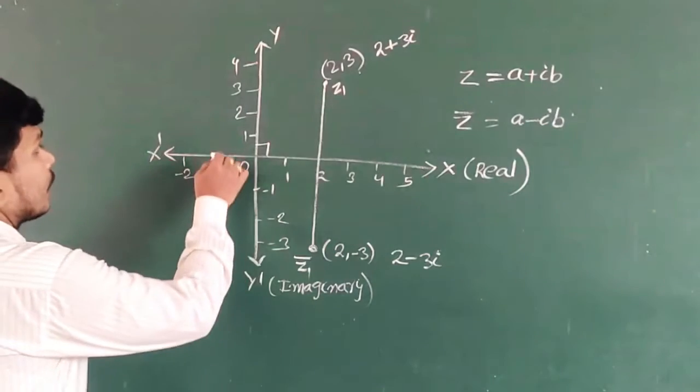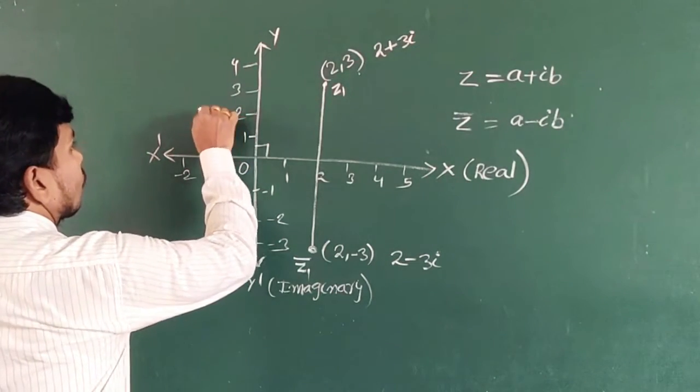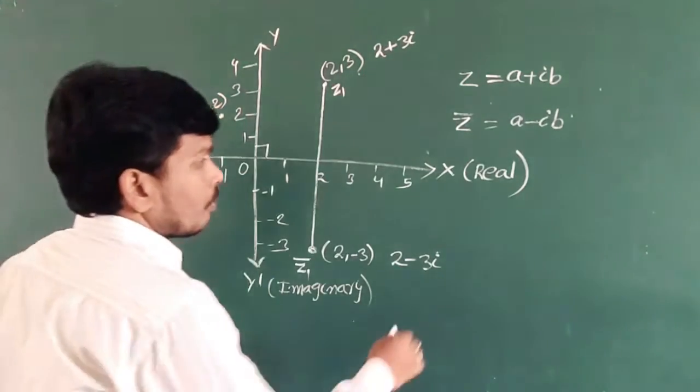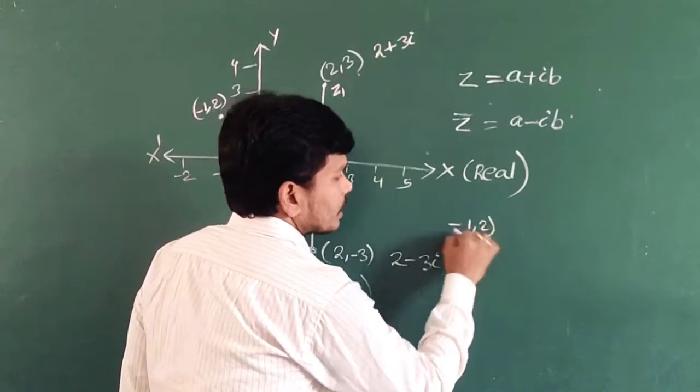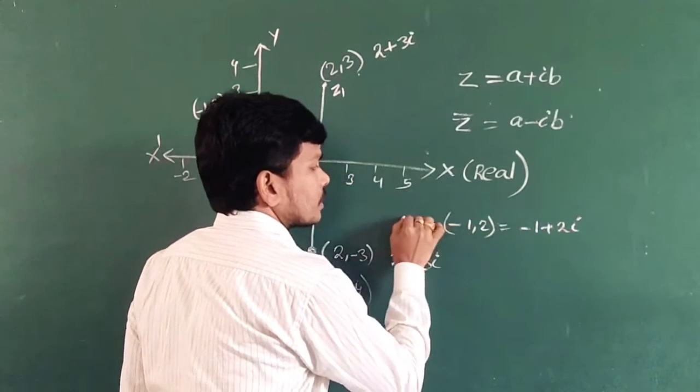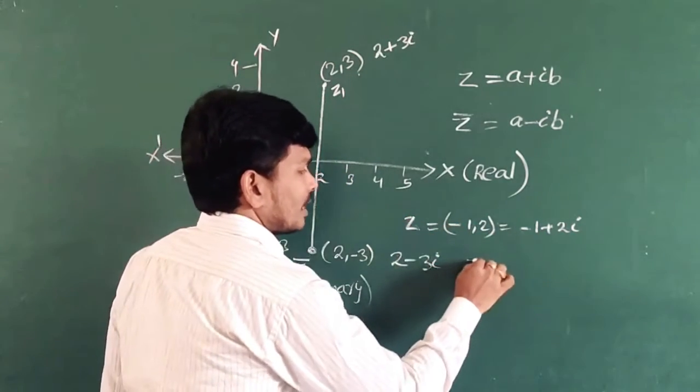See, suppose I am taking the point minus 1 comma 2. So minus 1 comma 2 indicates minus 1 plus 2i. Suppose this is z. What is z bar?